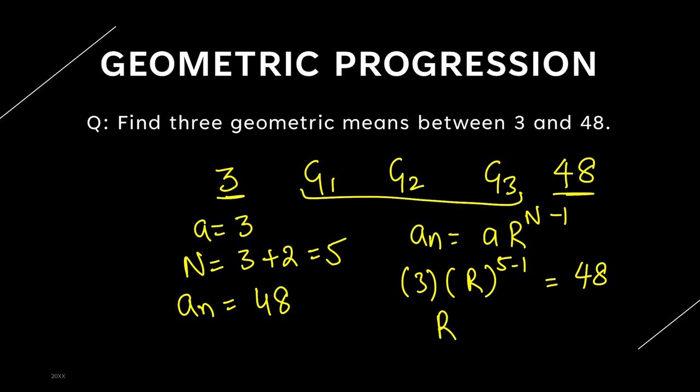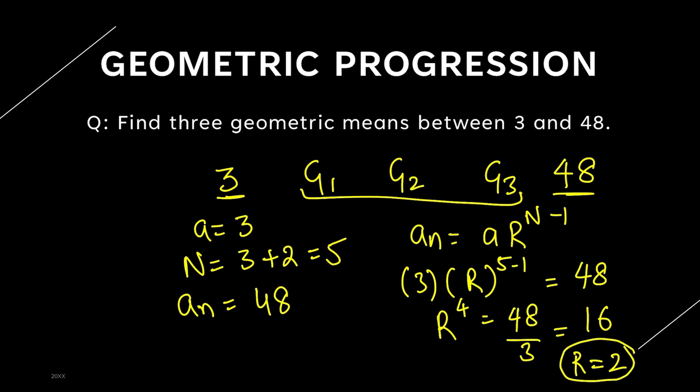So r raised to power 5 minus 1, that is 4, is 48 by 3. So r raised to power 4 is 16. So you can see r is 2. I hope this is clear.